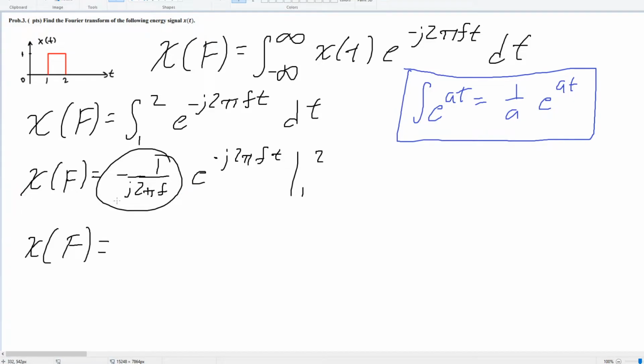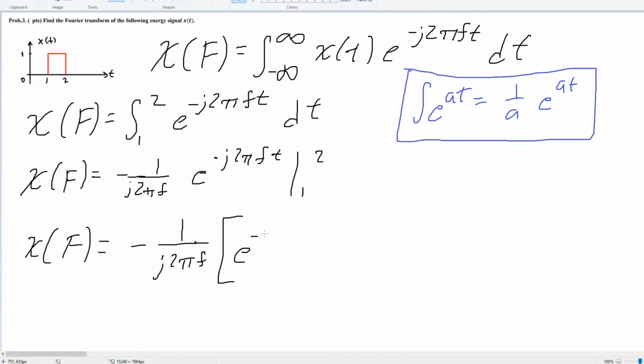So 1 over j 2 pi f is going to be multiplied by this, which is going to change. So we have e to the negative j 2 pi f times 2, minus e to the negative j 2 pi f times 1, right?